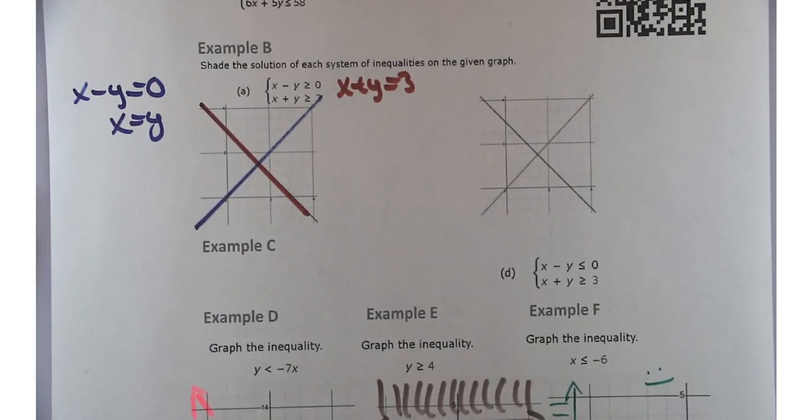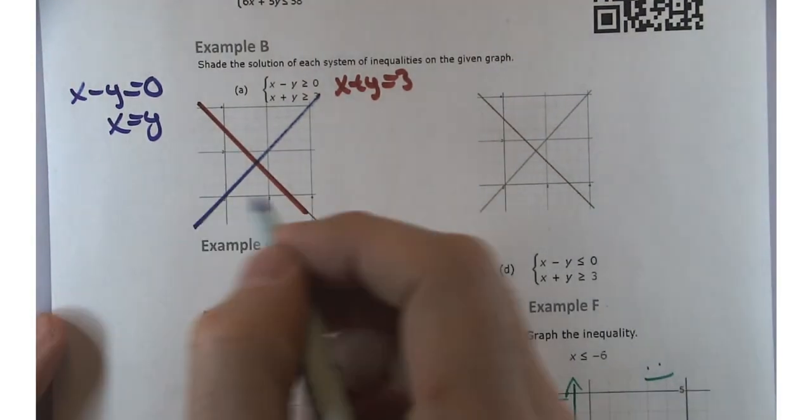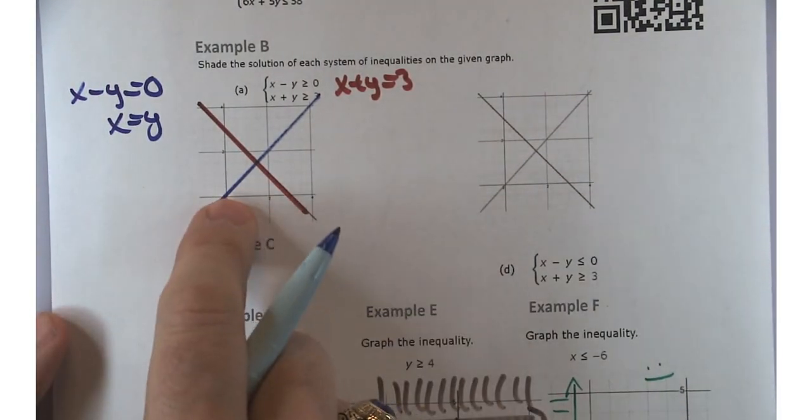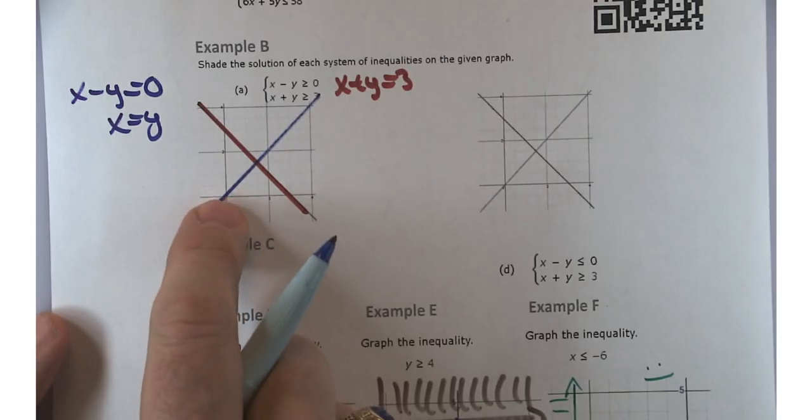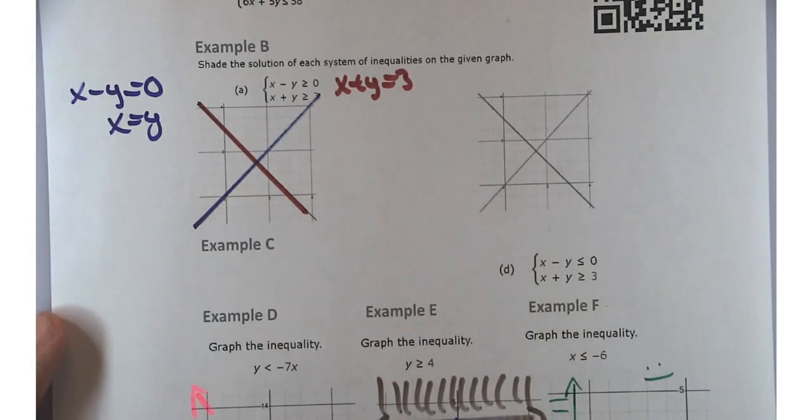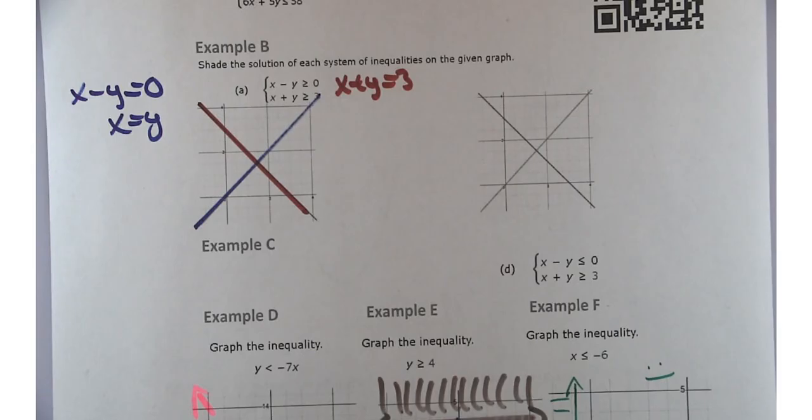All right, so we've got our lines drawn. Let's figure out what side of this line or this equation we're going to shade. Well, I can't quite use 0, 0 as a test point for this line, so I've got to use something else for that line. Let's pick another test point. Any suggestions?